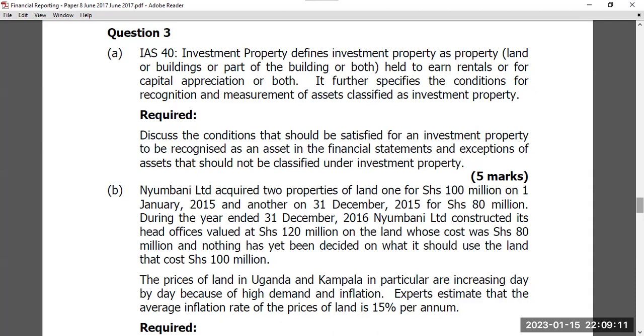Then we have also properties constructed on behalf of customers. An example is construction companies. When these construction companies are building certain structures or buildings, it's not that those structures are going to be owned by the construction company.